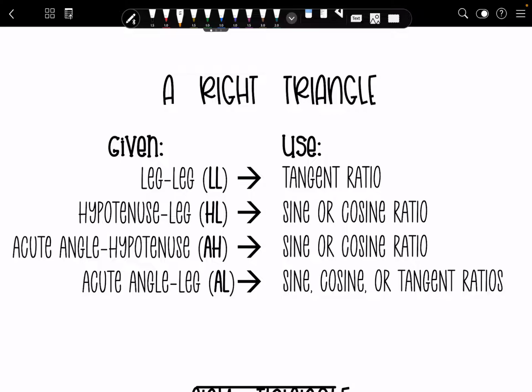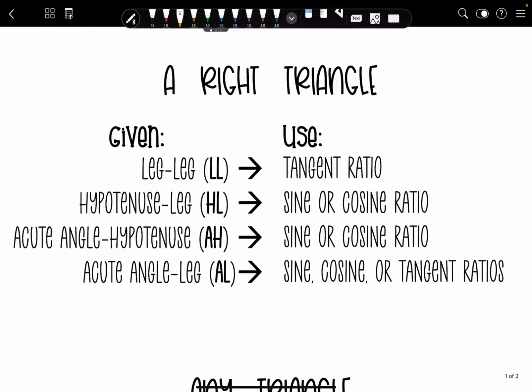If you have an acute angle with the hypotenuse, same thing, you're going to be using the sine or cosine. And if you've got an acute angle and the leg, you can pretty much use any one of them and try to figure it out from there. You just have to set it up and draw a picture if it makes sense.